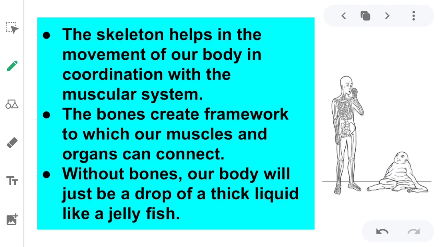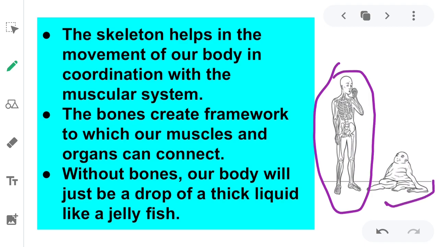together. You can see here in the diagram, without bones, our body will just be a drop of a thick liquid like a jellyfish. Here you can see a human body with the skeleton system. And this diagram is an imaginative picture.